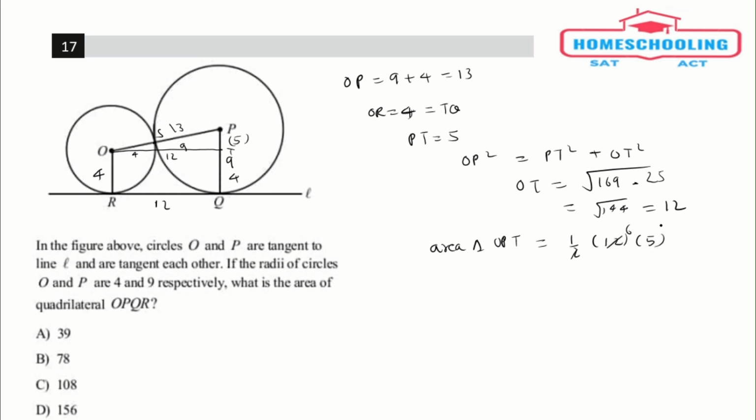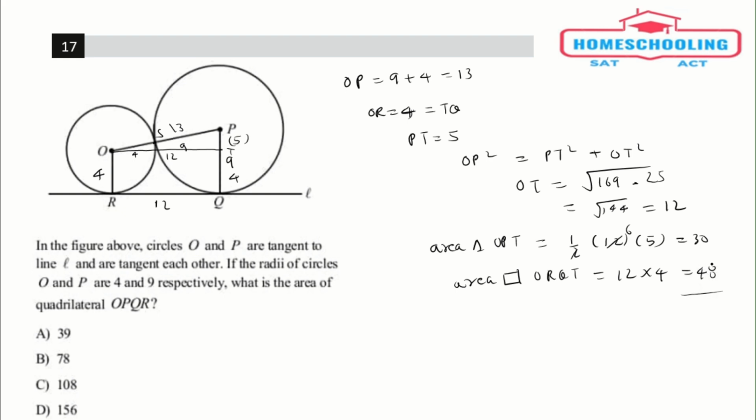So the area of the triangle would be 30, and the area of rectangle ORQT is length into breadth, that would be 12 into 4, so 12 fours are 48.